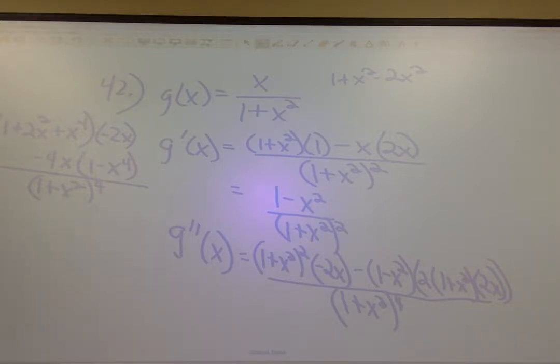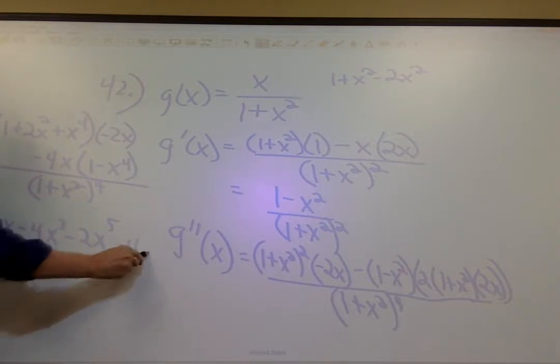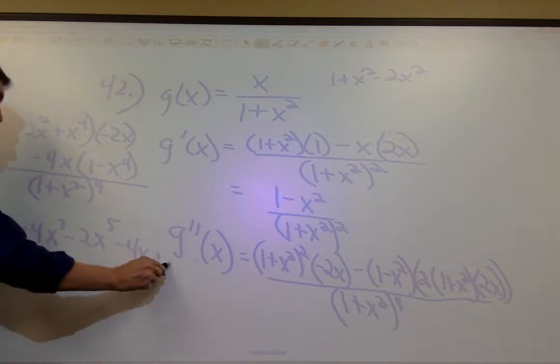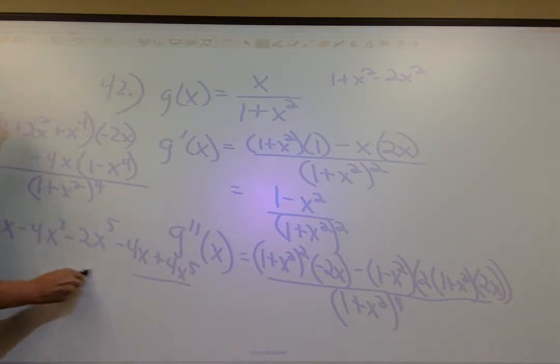If I do a little arithmetic on this, if I distribute my negative 2x, minus 4x to the 3rd minus 2x to the 5th, okay, minus 4x plus 4x to the 5th, all over 1 plus x squared to the 4th.